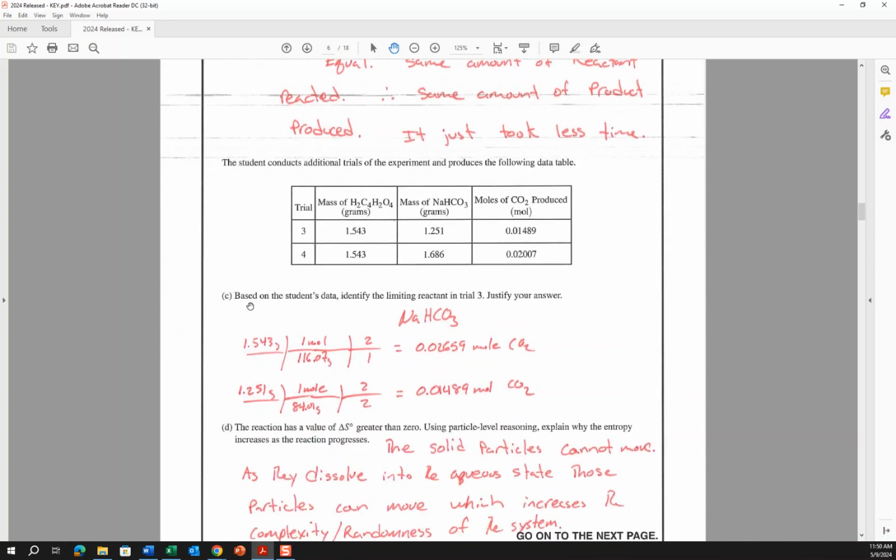All right, part C. I don't know, maybe you guys had this experience too. When I sat down to take this test and got to this question, I knew the answer was that the sodium bicarbonate was the limiting reactant. When you look at the 2 trials, this mass stayed the same, this mass increased, and the moles of CO2 increased.